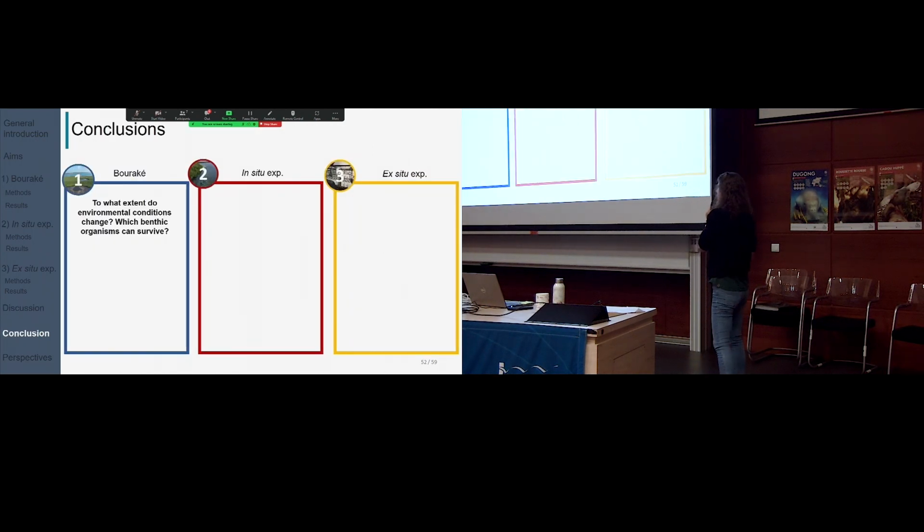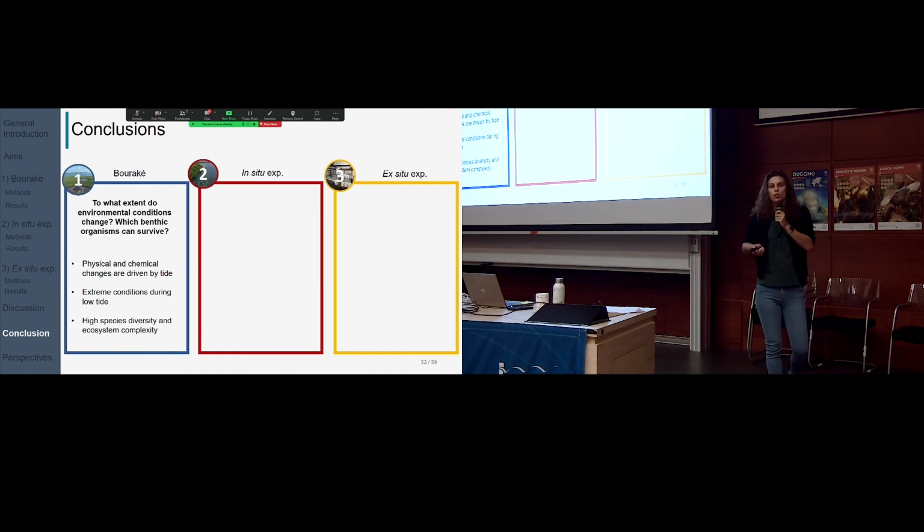So in conclusion, I used 3 different approaches to understand the effect of extreme environmental conditions on sponge metabolism. I show that Boracay Lagoon is a natural laboratory to study the effects of extreme environmental conditions on organisms, and particularly here on sponges.